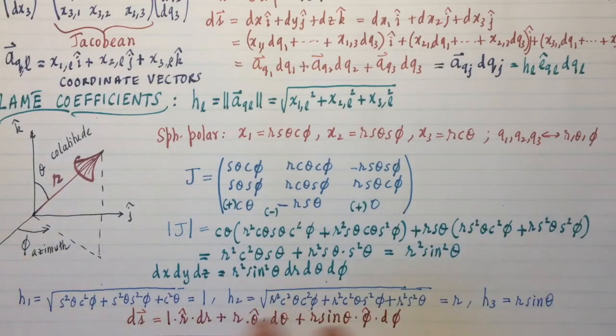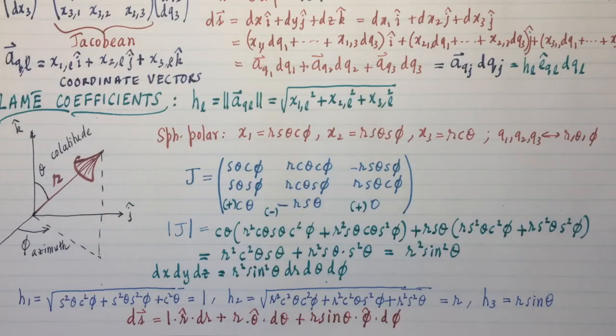This procedure that I just outlined here can be applied to any coordinate system whatsoever, and there are numerous coordinate systems. It can be applied in any number of dimensions, and as you'll see in the next video, these Lame coefficients are central to the definition of gradient, divergence, and curl in various coordinate systems.